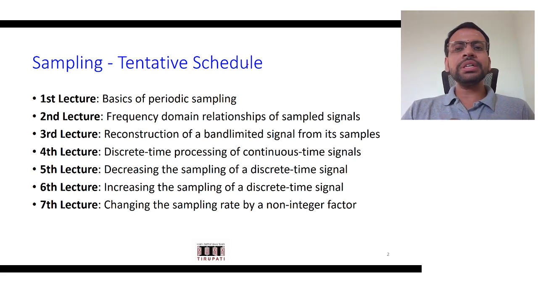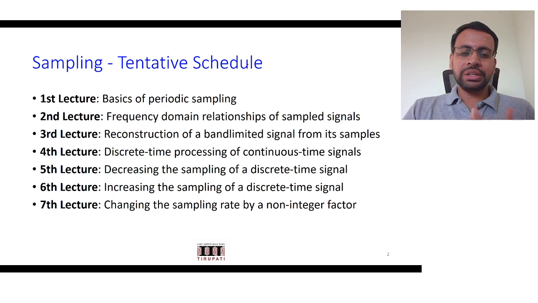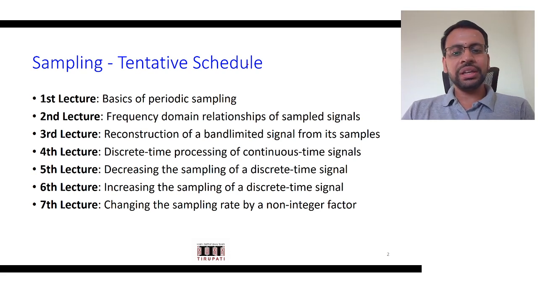And in the previous lecture, we discussed how you could process a continuous time signal in the discrete time domain, right? In this lecture, we will discuss decreasing the sampling of a discrete time signal. So essentially this lecture and the next two lectures would be more about upsampling and downsampling of a given discrete time signal. Okay, with that, let me move to the notebook mode.